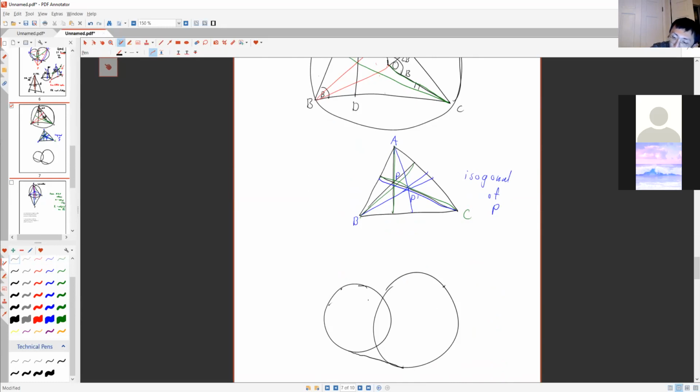I won't draw the third circle, just pretend this is a cyclic quadrilateral. So ABCD is cyclic, and somehow CD is collinear with Y. So there should be something special about this set of occurrences, right?